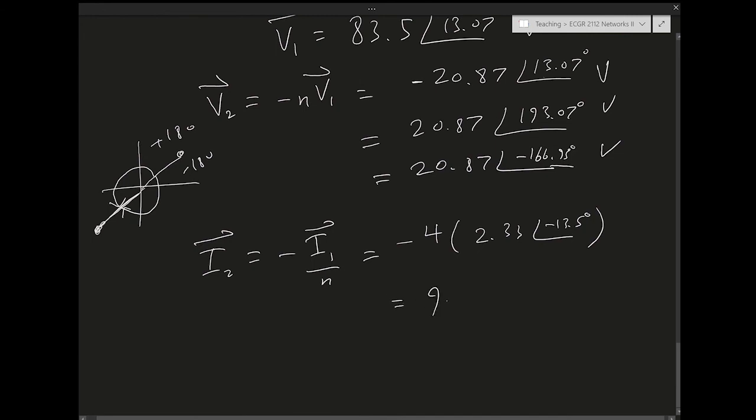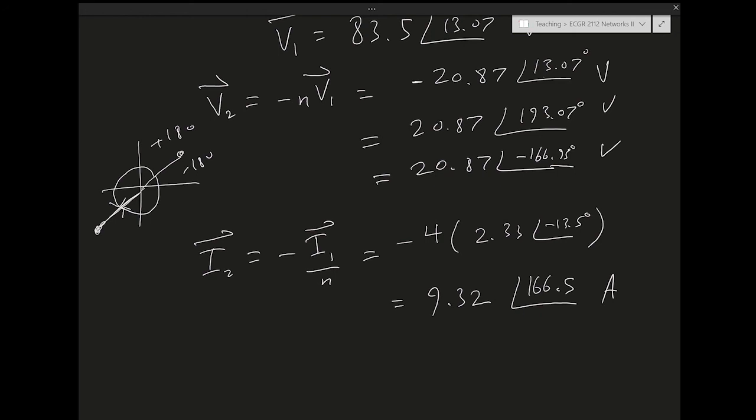So this becomes 9.32. It should be minus, but I'm going to add 180. So this is minus 13.5 plus 180, which is 166.5 amps. So we found all the variables we're trying to find: I2, I1, V1, and V2.